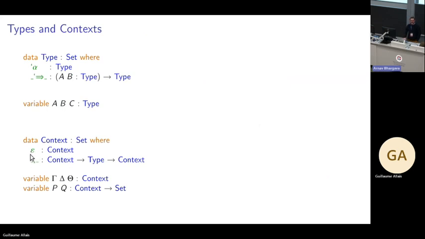They can be either empty, or you have an existing context and you extend it with a most local variable. And here, I'm not giving a name or anything because names are really tricky to get right. And so it's much easier in a mechanized setting to just use a nameless syntax.